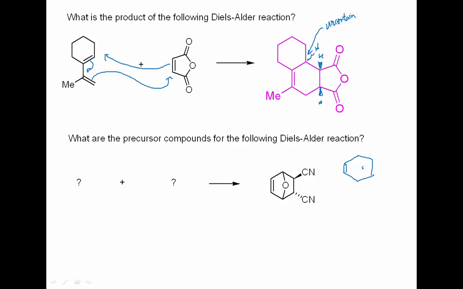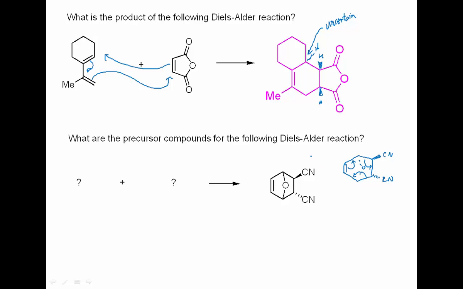Alright, so we'll just de-emphasize that part right there. Alright, so we have to think about the retro Diels-Alder, the reverse of the Diels-Alder reaction, and then we just draw those three arrows right there.